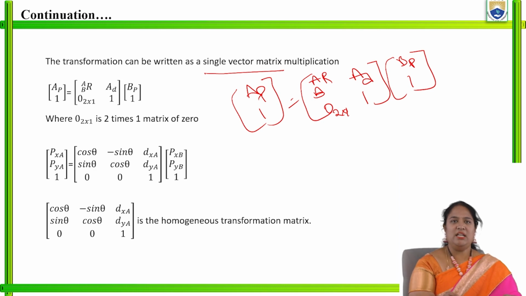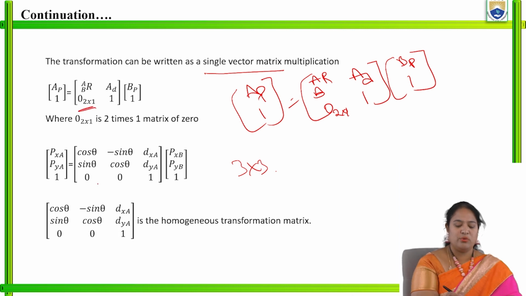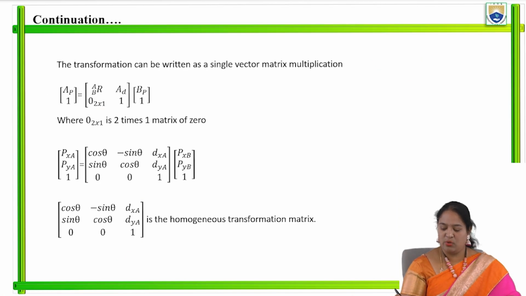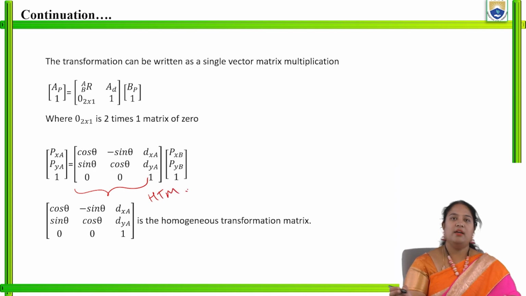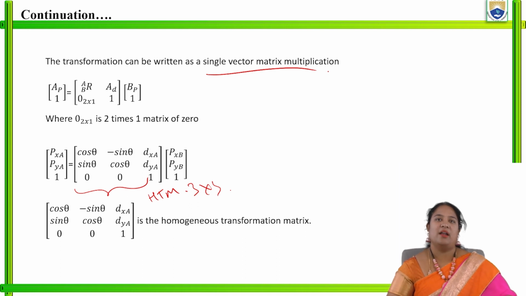When we want a 3 by 3 matrix, we take it in terms of a single vector multiplication. What is this 0? It is nothing, a 0 value, so we write it as 0. This will be the final homogeneous transformation matrix, the 3 by 3 matrix for a single vector matrix multiplication.